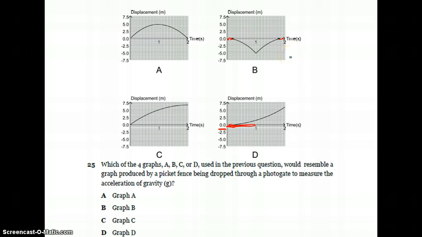So that slope is going to be continually increasing. So coming back to D, you can see if we drew tangent lines along the way along D, the slope is going to be continually increasing. So therefore we know the velocity is going to be continually increasing with D.